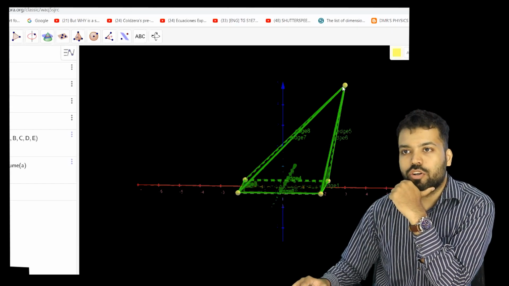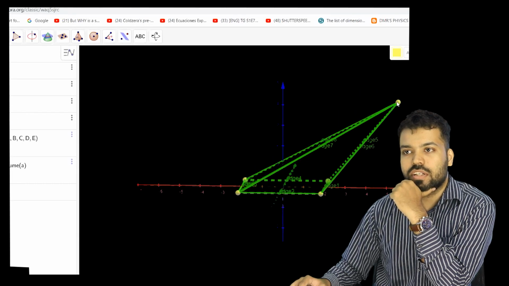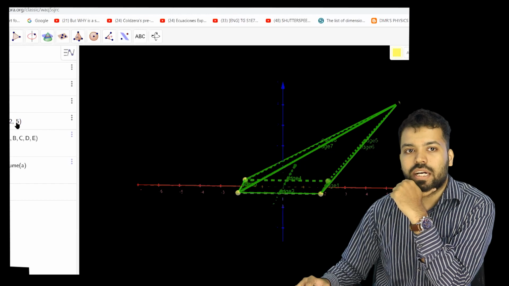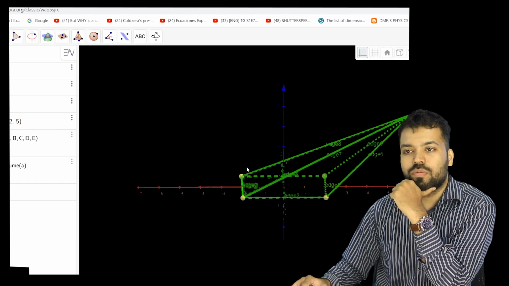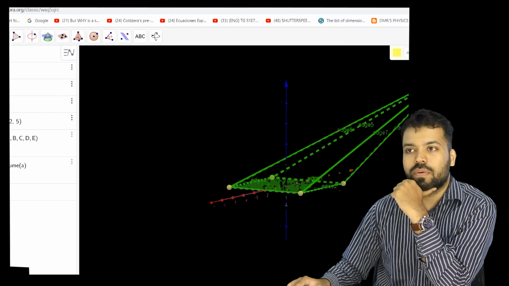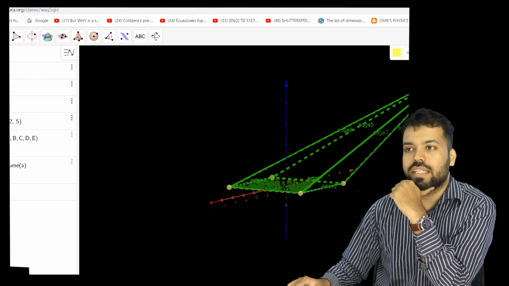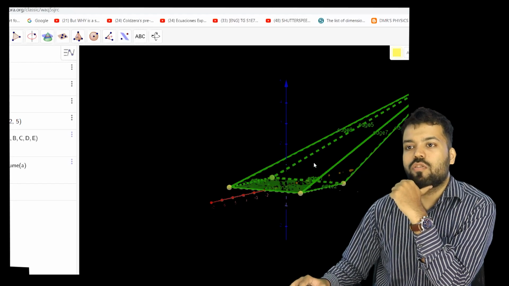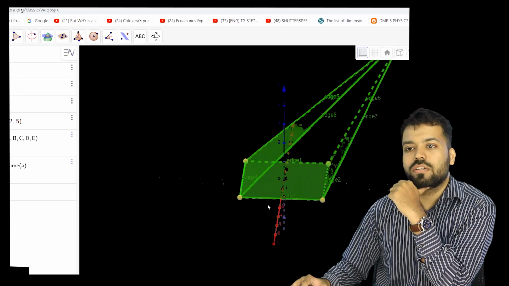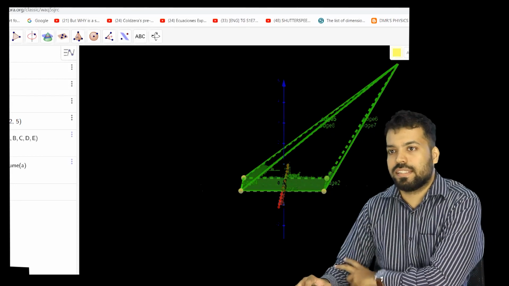So no matter what you do with this vertex, if you move further like this, the height will remain the same. My height is 5. I have moved the vertex along the xy plane, so the pyramid has tilted, but the base is the same and the height is the same. The volume will remain the same, 26.67.